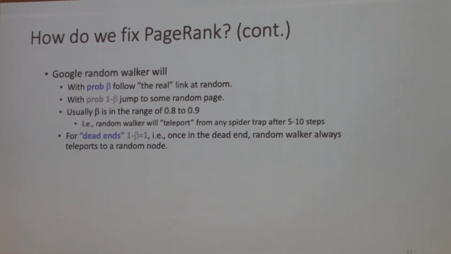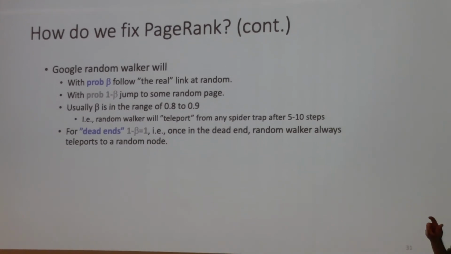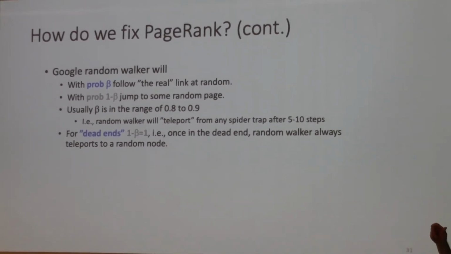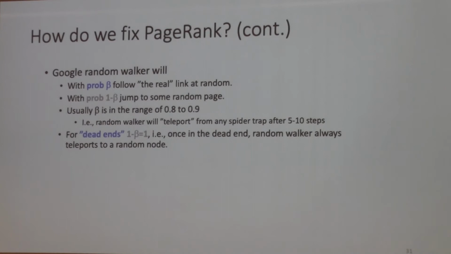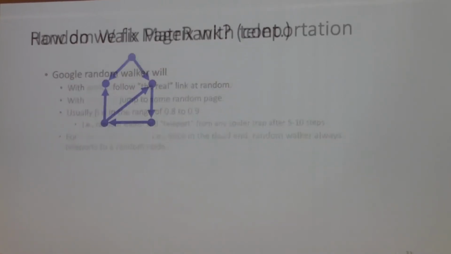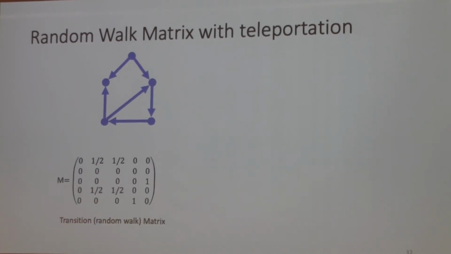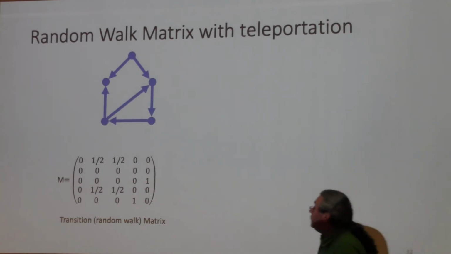And for dead ends, once you're in the dead end, you always teleport because there's no link to follow. So in that case, the probability will always be going to the other nodes. So here's a graph, and here's our transition matrix.